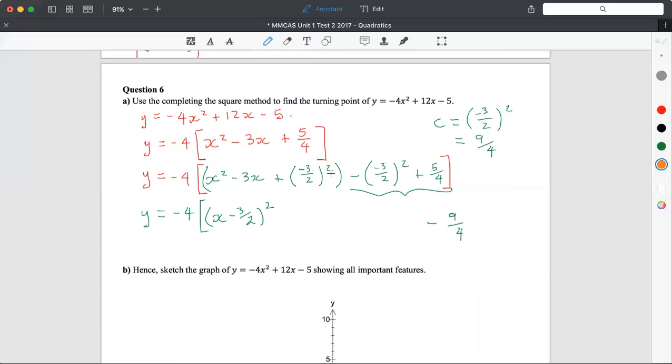Just so we're super clear, this minus sign is this one. These ones are the same. But this becomes positive 9 on 4 because negative 3 on 2 times negative 3 on 2 is positive 9 on 4. But we're taking it away, so it's minus overall.